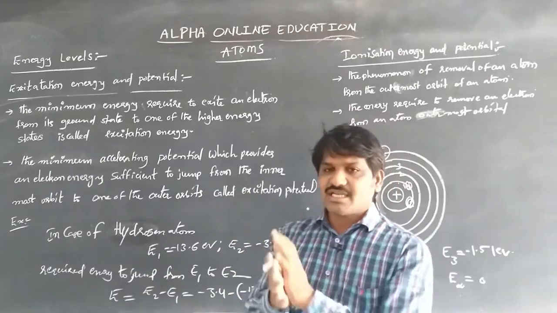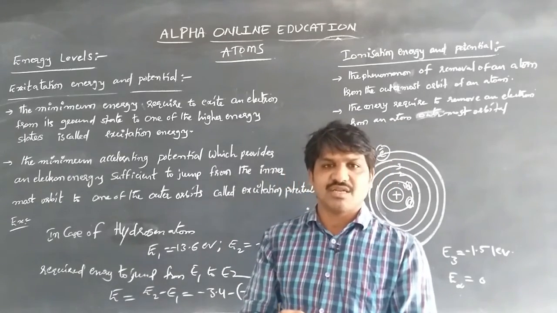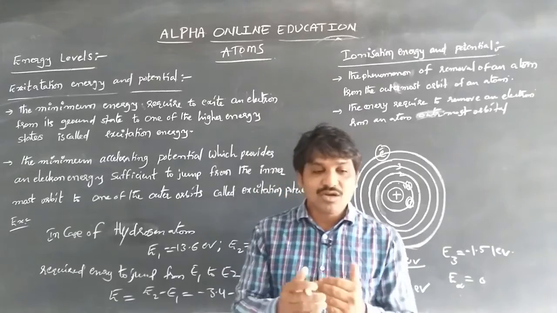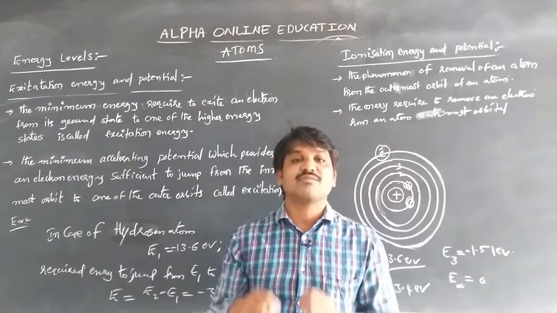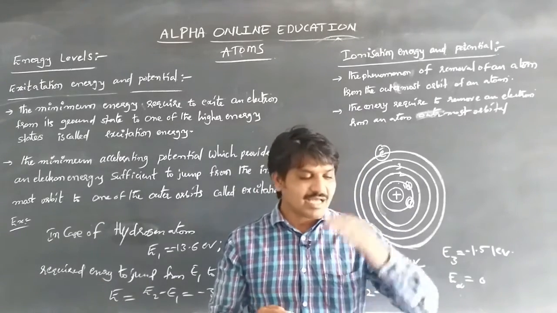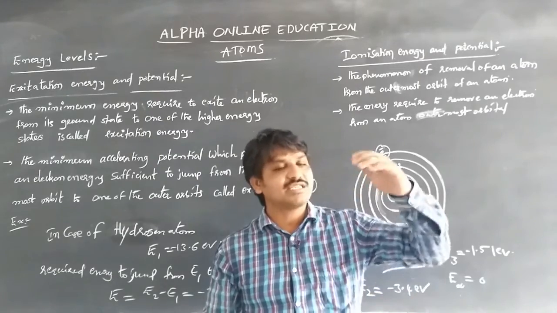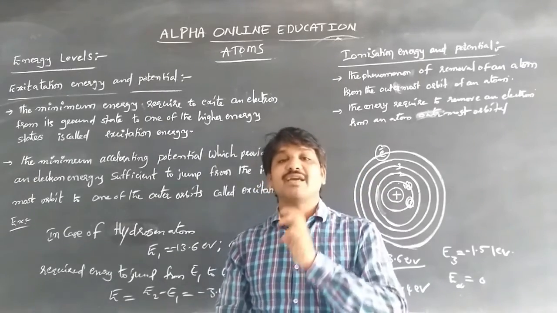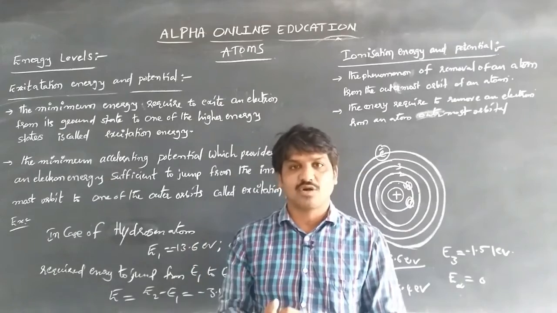The electron, ready to jump from the ground state to a high energy state, requires some potential, provided by the energy given to the electron.